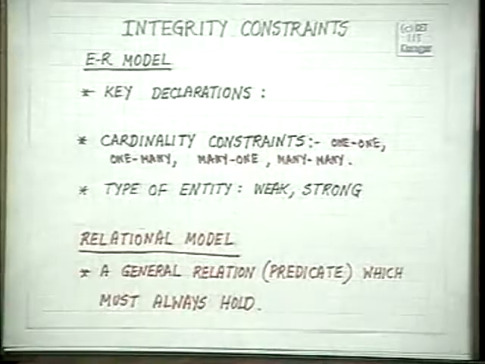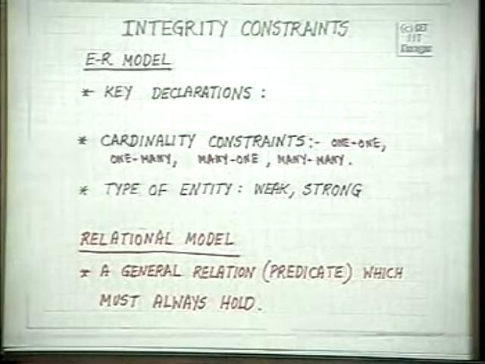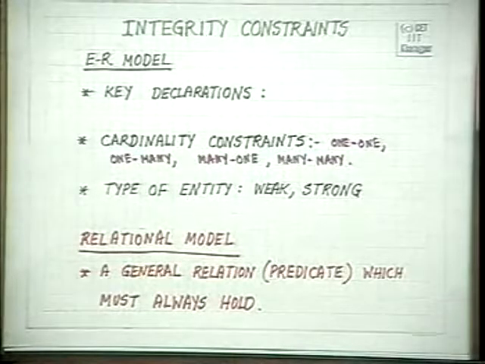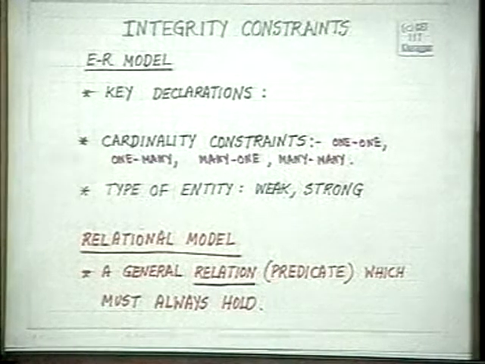So in the ER model, we did have a number of such specifying techniques by which we could specify the integrity constraints. In the relational model, it is even more powerful, because now we have at our disposal expression of relations. We can express any relation.